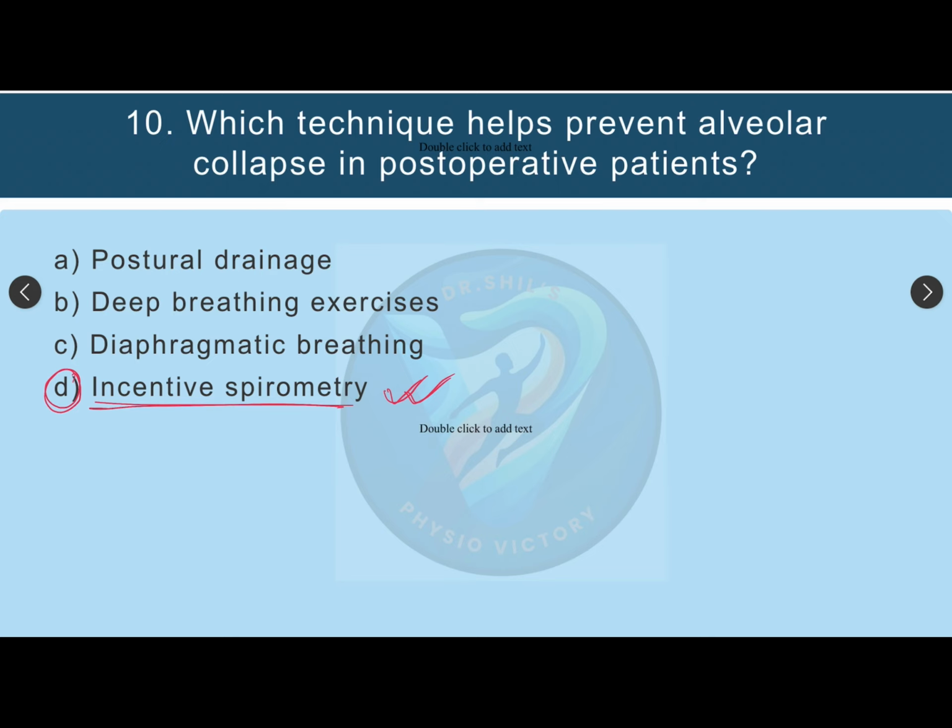Postural drainage basically helps in secretion removal, not alveolar expansion. Deep breathing exercise is helpful but less effective than spirometry. And diaphragmatic breathing exercise improves breathing pattern, not the primary prevention.